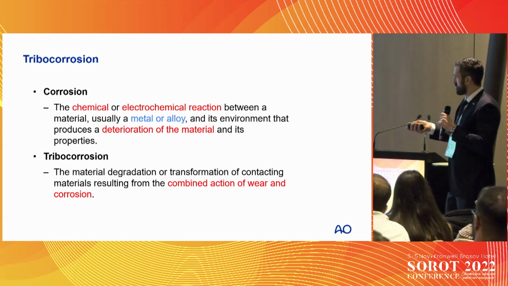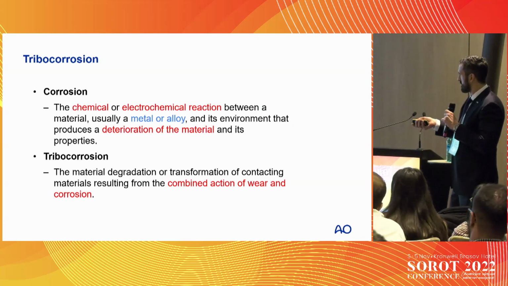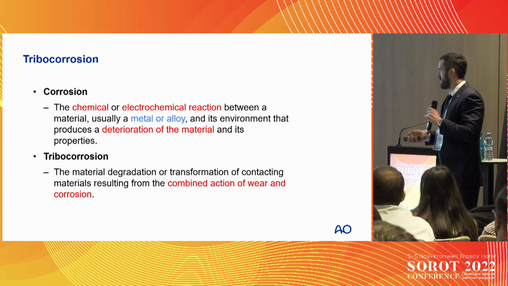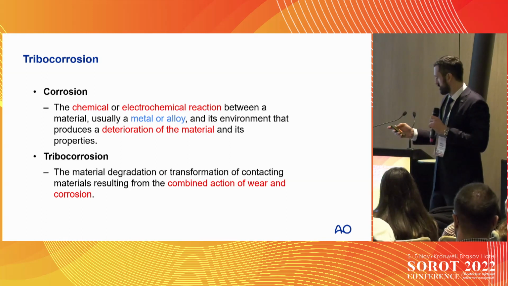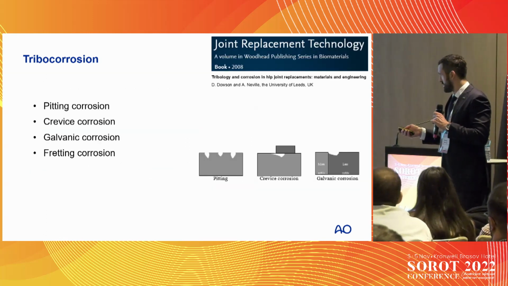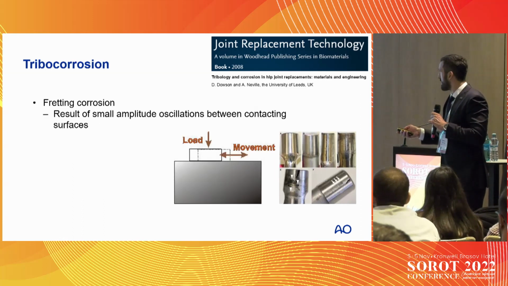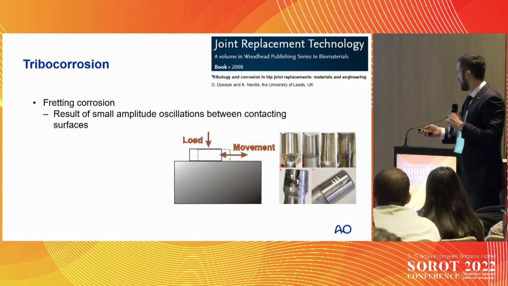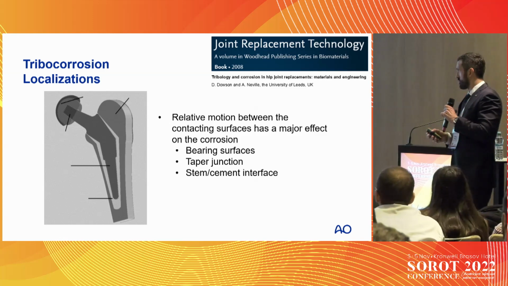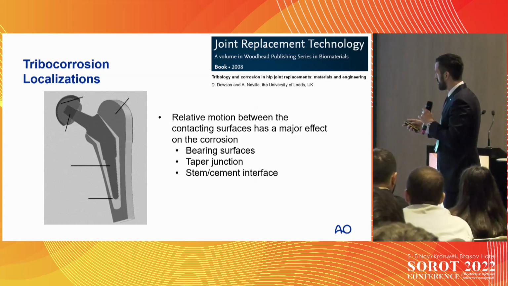What is tribocorrosion? Let's just say it's the material degradation or transformation of contacting materials resulting from the combined action of wear and corrosion together. I would quickly go through this and let's just put it in clinical practice. The localization of tribocorrosion: what's the most important way?